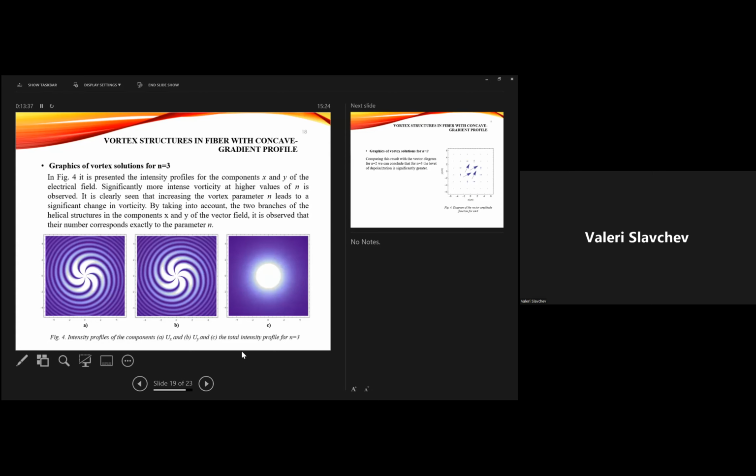Also, taking into account the 2 branches of the helical structures in the components x and y of the vector field, it is observed that their number corresponds exactly to the parameter n. This is very specific, and it's important about these results.